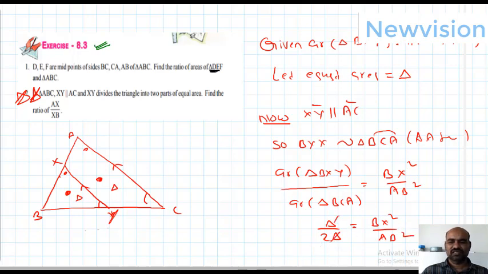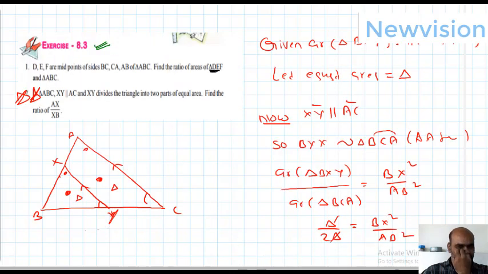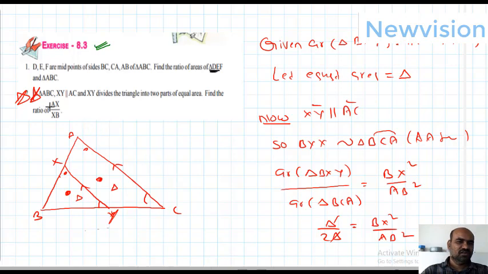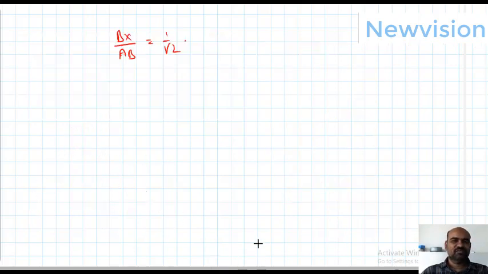Delta gets cancelled, so BX by AB equals 1 by root 2. What do you want now? AX by XB I want. Reverse, invertendo: AB by BX equals root 2.